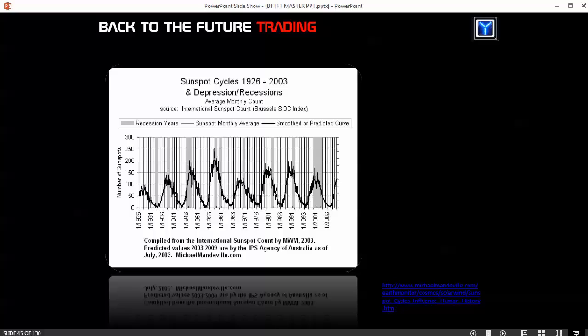And one of the charts that really caught my eye and my attention, and you've seen this in my presentations numerous times, was the Sunspot tracking graph in relation to the United States economy. And this idea that there was something external to the markets that was causing people to behave a certain way.